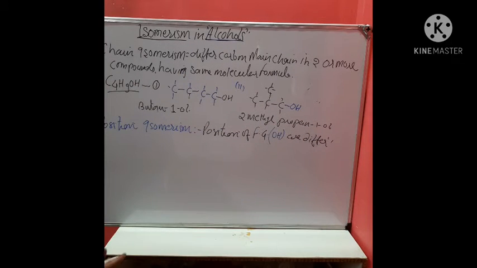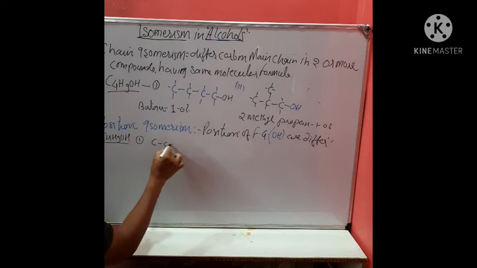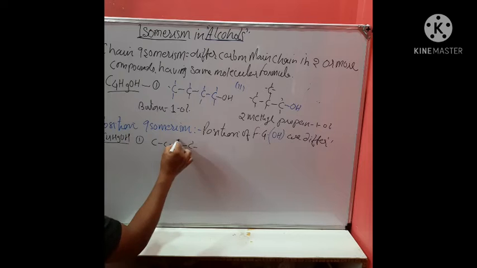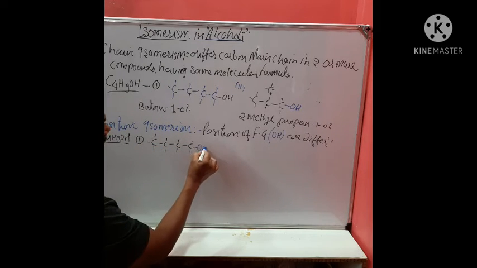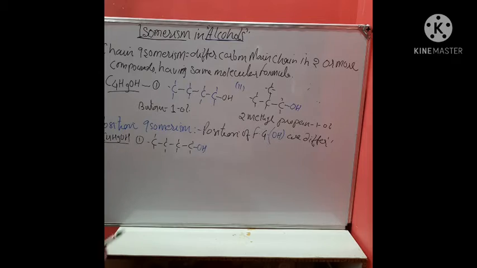Like if again I take the same example, C4H9OH. So to show the position isomerism, in the first compound, I can write 1, 2, 3 and 4. Okay, and I can mention the position here. So again this is butan-1-ol.